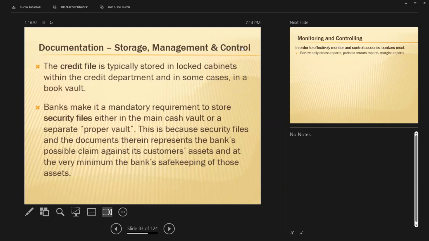Whereas the credit file, you may have an administrative assistant or a clerk designated to deal with those. If you get in the file, you sign in, sign out for the file, and it goes back into the book room or the book vault, whatever it is. That's controlled by basically one person.